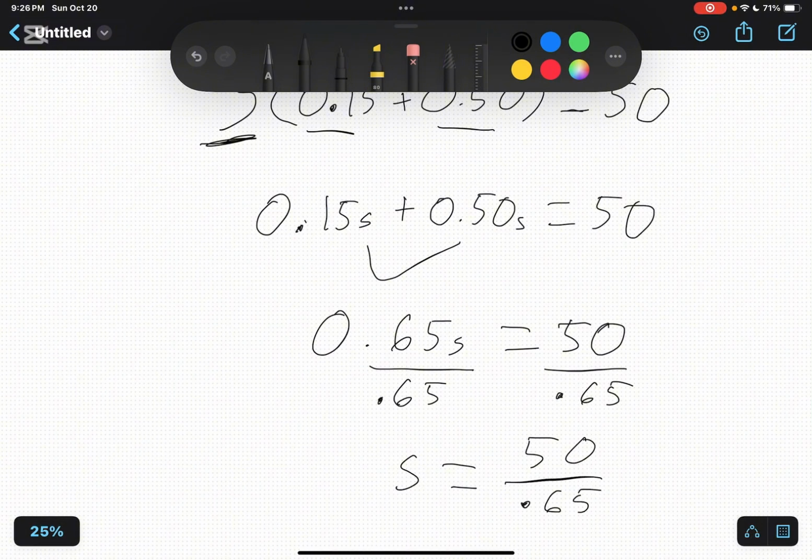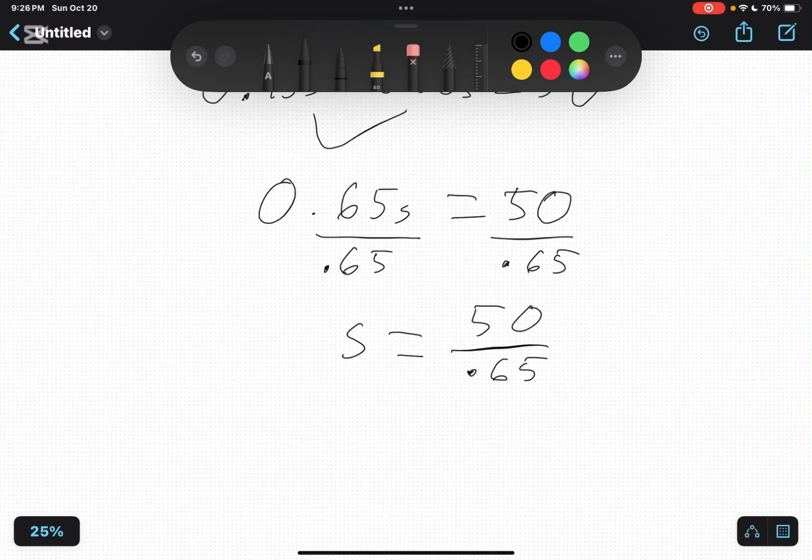Again, I'm not sure what this number means. That doesn't tell me necessarily how many students I currently have that I want to invite to the party. Like, I have no idea what 50 divided by 0.65 students looks like. I'm not sure how many students that is. So, putting that in the calculator, S equals 76.9.